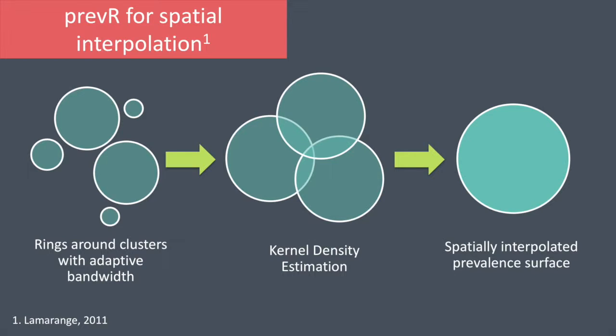Then we apply a kernel density estimator to the rings to take prevalence from nearest neighbors and smooth that prevalence over the surface, to get local variations in prevalence from data that's actually meant to be looked at by administrative unit, so large chunks at a time. I should say that you can't confirm that these local variations are true because they are smoothed so much over sometimes large areas.